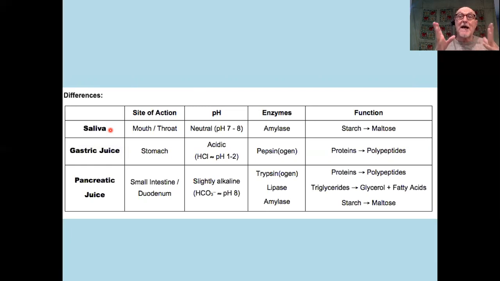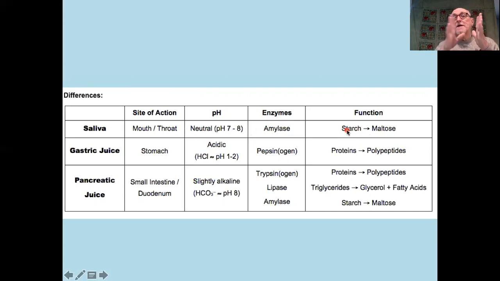And as part of the saliva is an important digestive fluid. The third thing about it is that the salivary glands produce an enzyme called amylase. You don't need to remember the name, but just remember that it digests starch. It breaks starch down into simple sugar units.